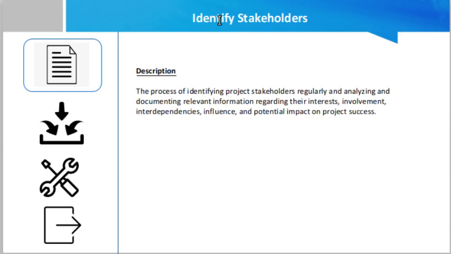External means those stakeholders which are outside your organization, like the project manager on the customer side, the CEO, CTO, project sponsor, etc. Internal stakeholders are those which are internal to your organization. That means the project manager of the vendor, functional managers like the QA manager, deployment team, etc.